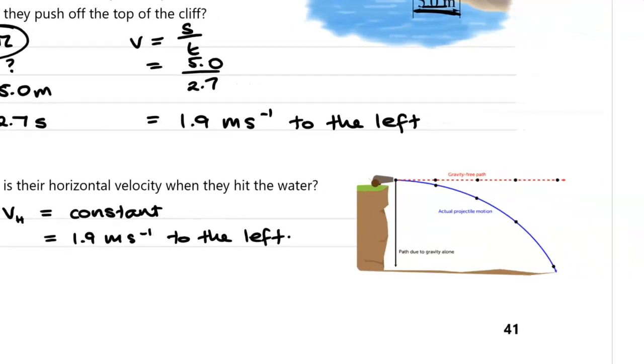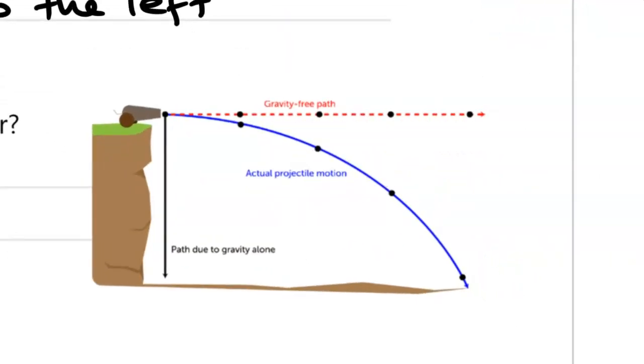I like this little diagram here. It shows that if we turn gravity off, so we didn't have to look at the vertical components of the motion, it travels the same distance each unit of time. So yeah, another nice compelling reason why the horizontal velocity remains unchanged.